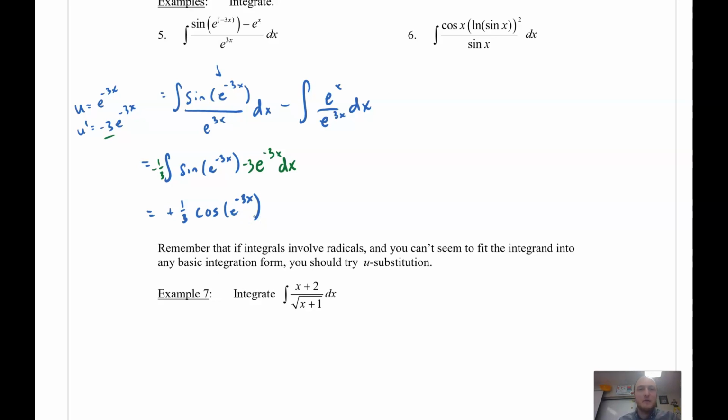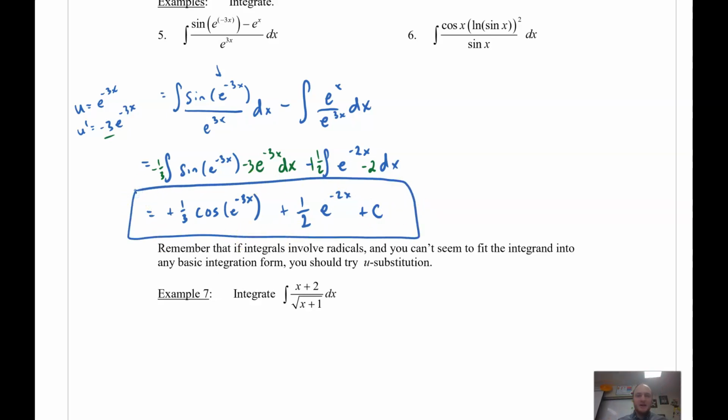And then over here on the right-hand side, if I just combine these, this is the integral of e to the negative 2x dx, and then for my hook, I just need a negative 2. So I have negative 2, and I'll balance it with a negative 1/2, which will make this a positive 1/2. And we get plus 1/2 of e to the negative 2x plus c. That's it. Very, very simple, right?